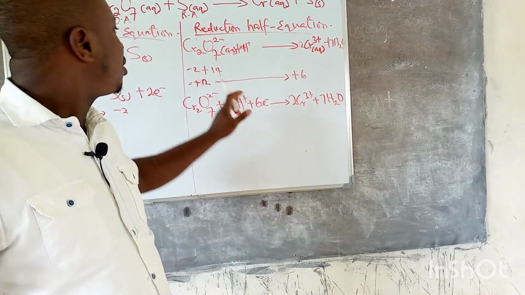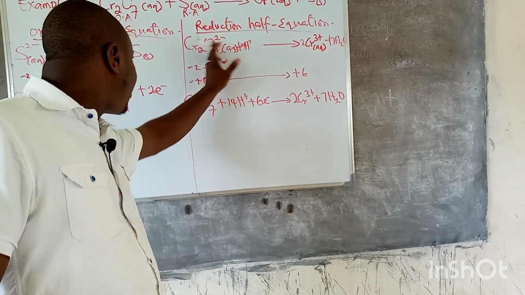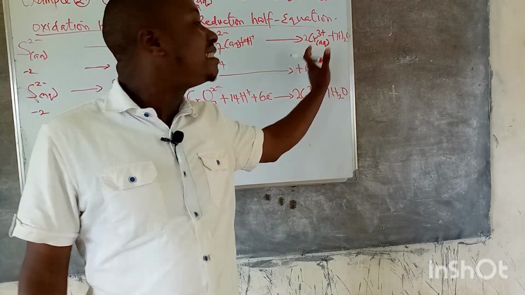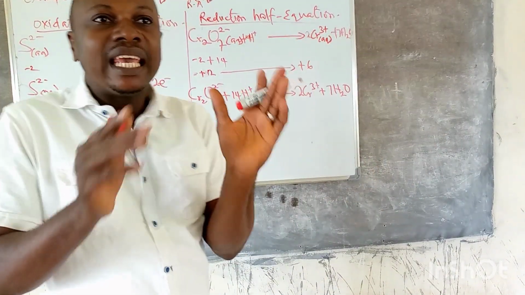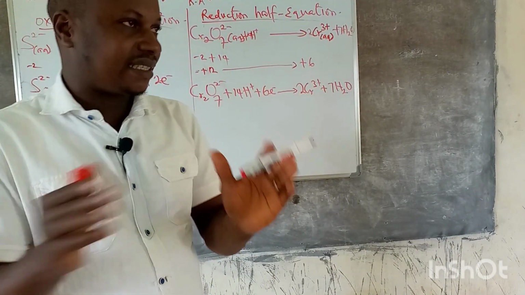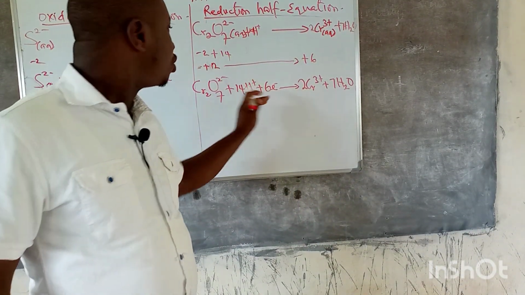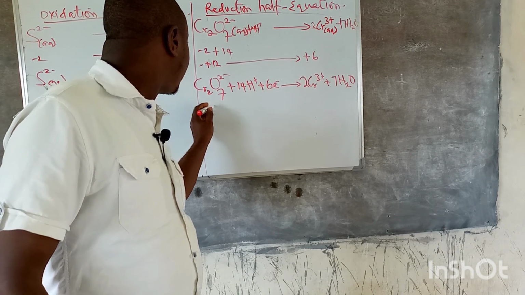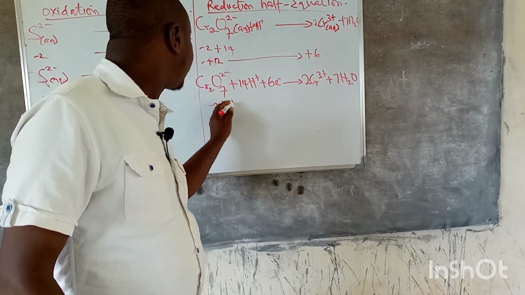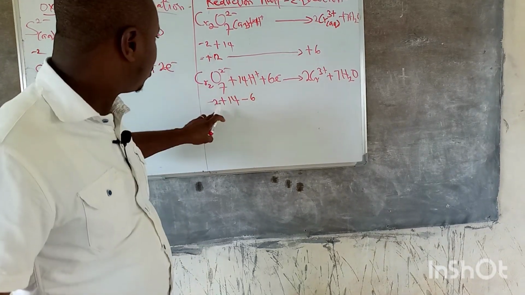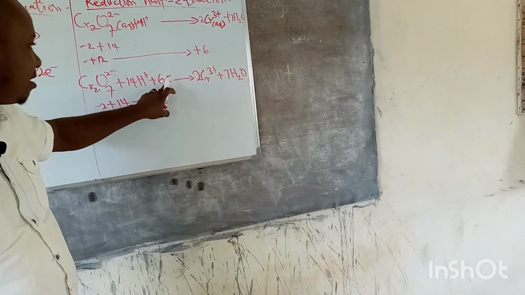Why? Because the number of charges here is 12 at the left-hand side, while the number at the right-hand side is 6. They need to be either 12, 12 or 6, 6. So that is why I have added 6 electrons here. So that now this becomes minus 2 of this plus 14 minus 6. Remember, this is minus 2, this is plus 14, and this is the 6 electrons I have added.